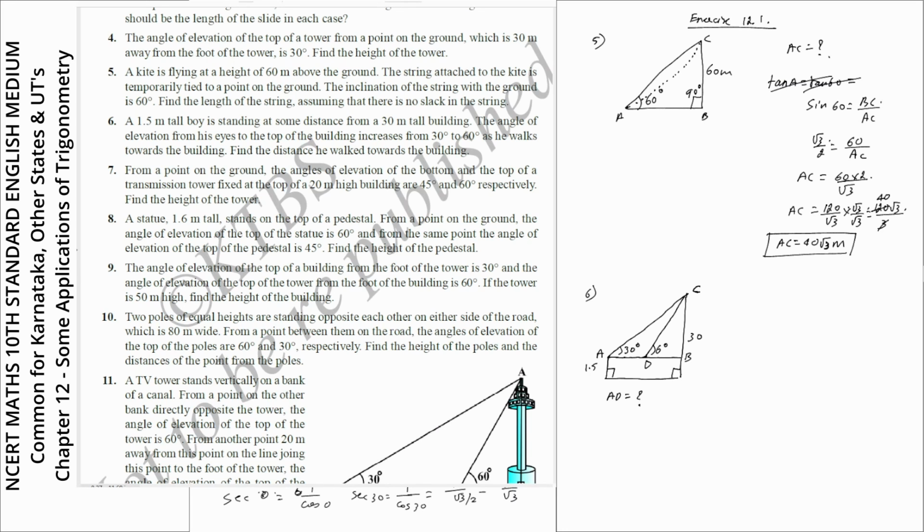Now what is the length of BC? The height of the building is 30 meters, and the height of the boy is 1.5 meters. So 30 minus 1.5 is 28.5.